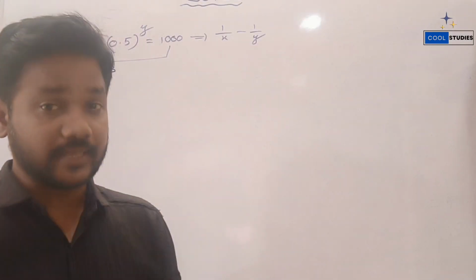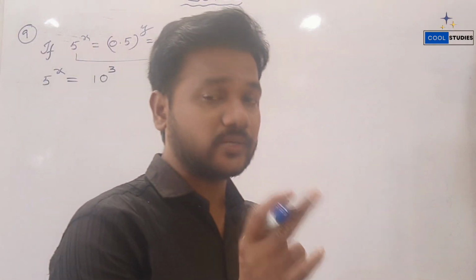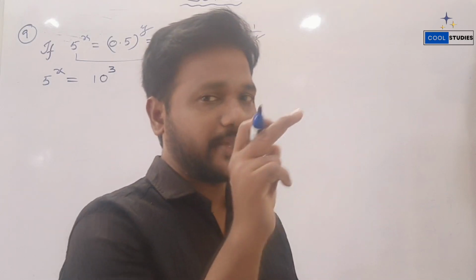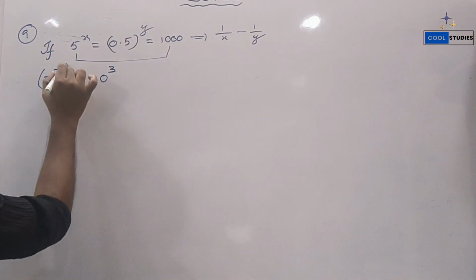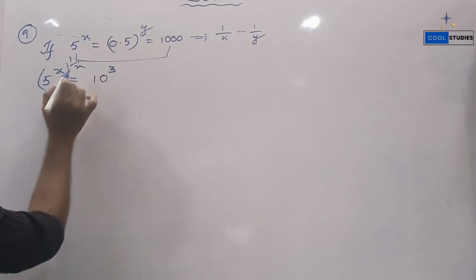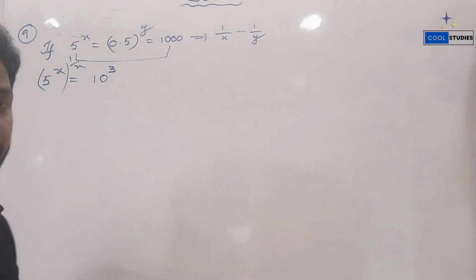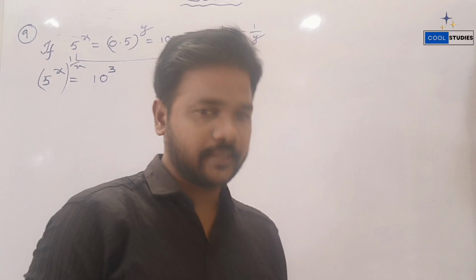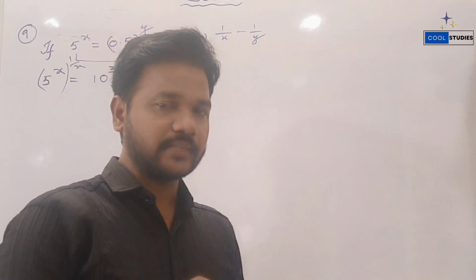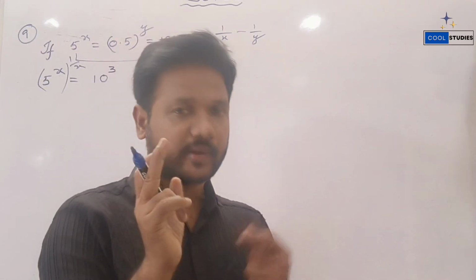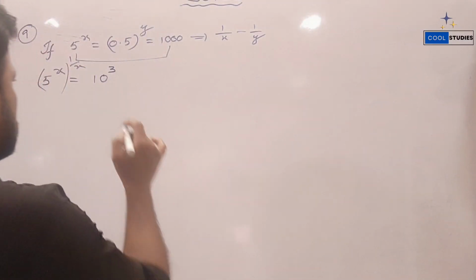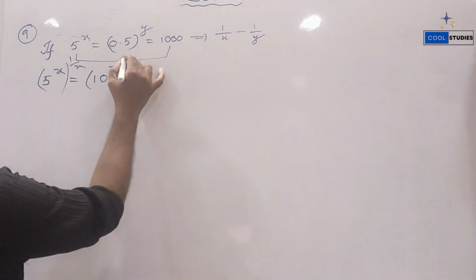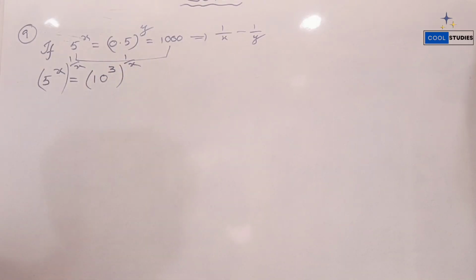Now observe that 5 power x there, I want to cancel the power x. For x in the power to cancel, both sides should be in the power 1 by x. If the power is 1 by x on this side and 1 by x on that side, then x cancels. So to cancel the x, let us take on both sides the powers as 1 by x.